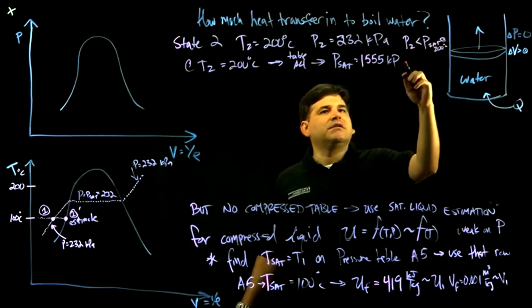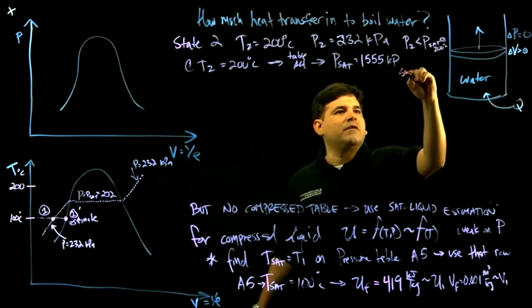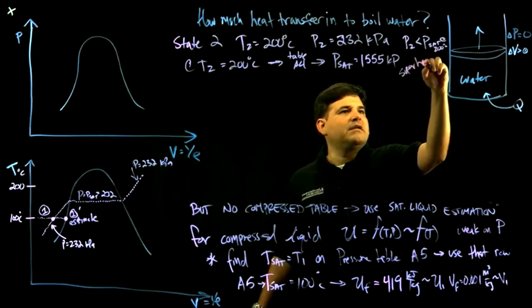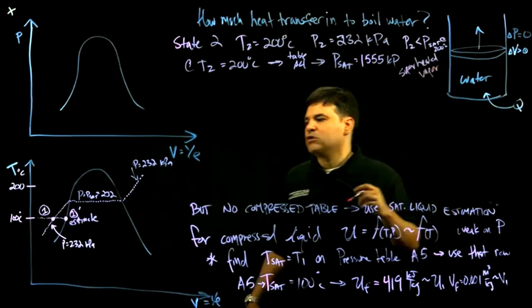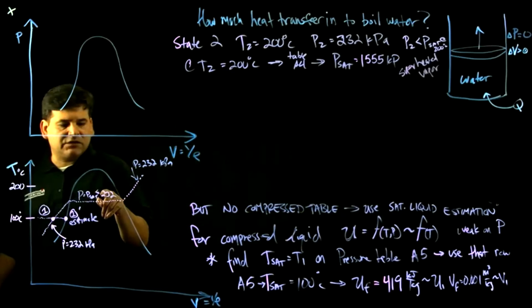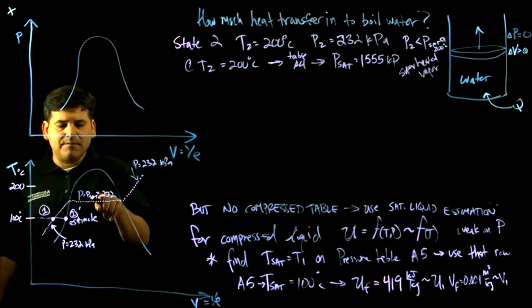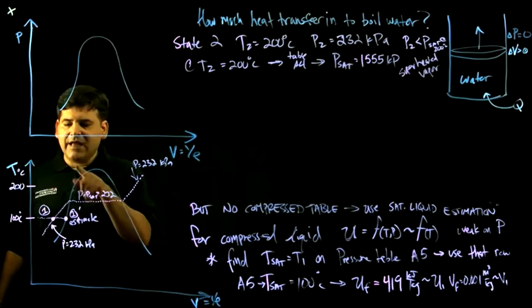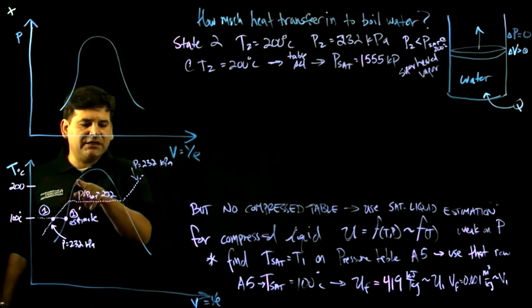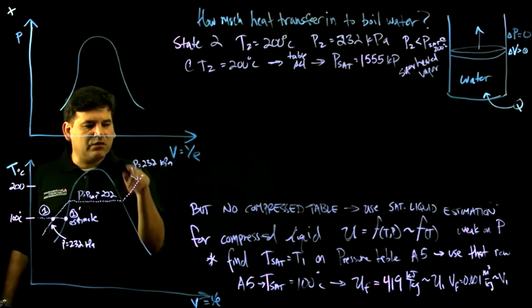So what does that mean? It means we are superheated vapor. So we are not in this region because the known pressure we know where we are at is not Psat at 200 Celsius. Psat is higher. That means we're superheated vapor.